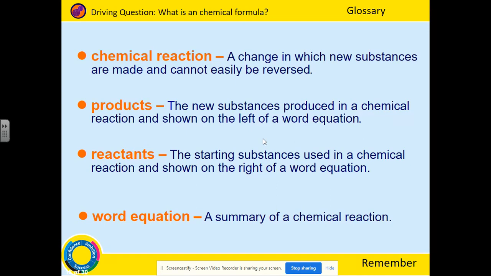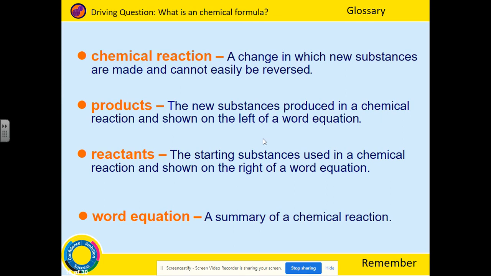Now, a quick note for you to always remember. I want you to pause the video, take a minute or two, find a family member in your household, and try to memorize these simple definitions. 1. What is a chemical reaction? A chemical reaction is a change in which new substances are made and cannot easily be reversed. Products: the new substances produced in a chemical reaction and shown on the left of the word equation.